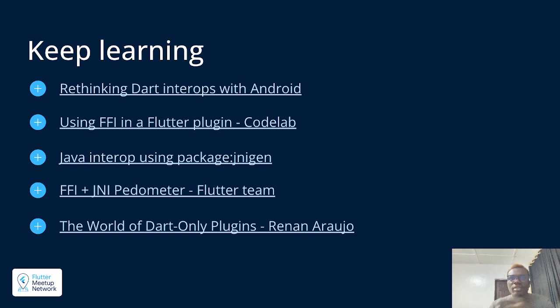Then, of course, the example project FFI plus JNI pedometer from the Flutter team. Then you could also check out Renan's talk at, I think it's Flutter Connection, on the world of Dart-only plugins. Yeah, I think he did a live demo on how this works.